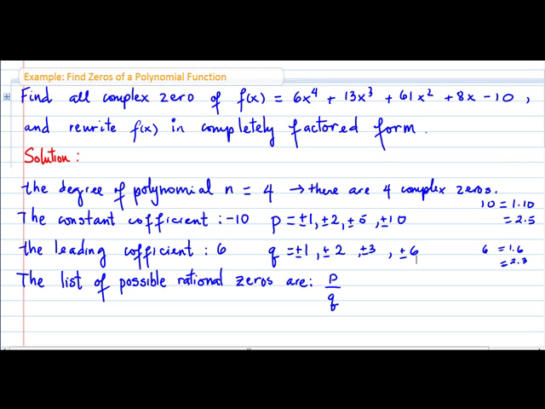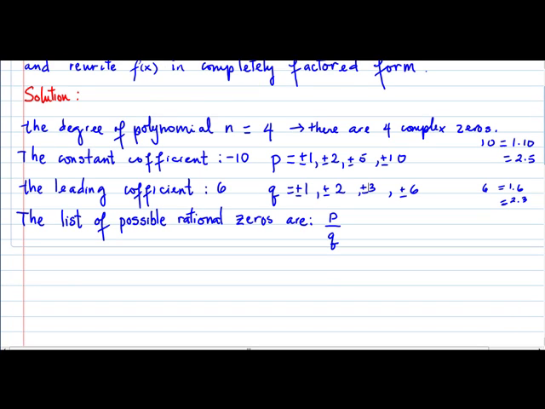Okay. Then to list all the possible rational zeros, which stands for P over Q, the easy way to do it is to take each number of P over each number of Q, and then from there I proceed. For now, I'm not too worried about the plus and minus sign yet.